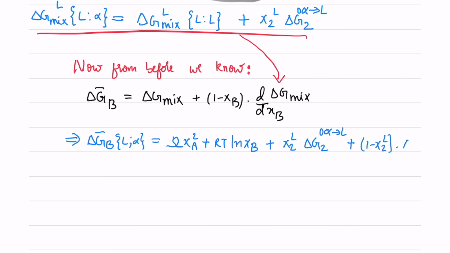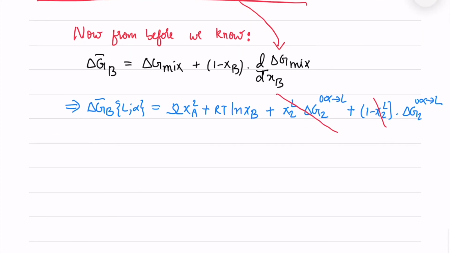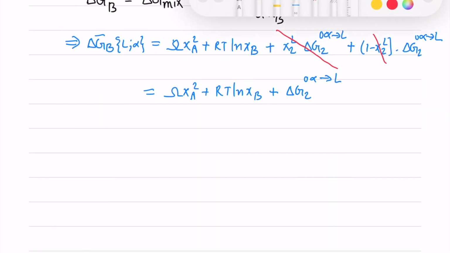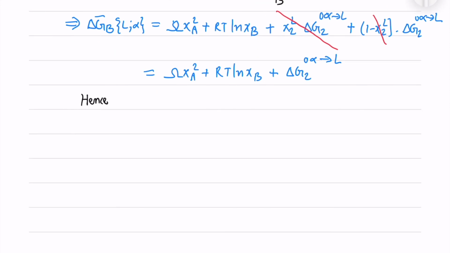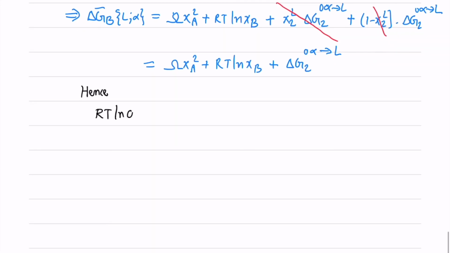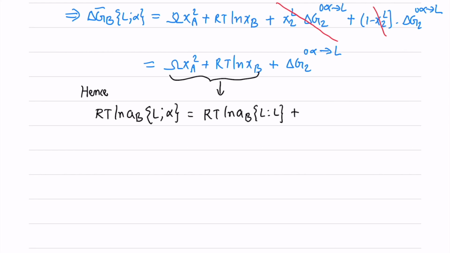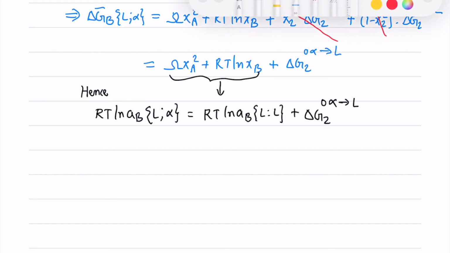So I just differentiate this term, and finally after differentiation, I'll be left with these terms. Hence, RT ln AB with liquid alpha reference equals RT ln A liquid reference state, and I have an extra term. So that is the only difference.